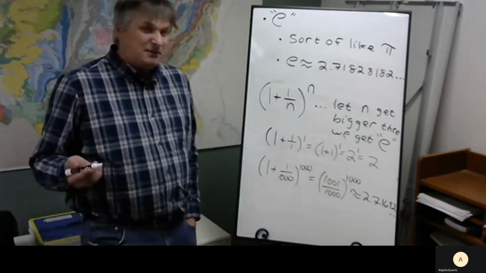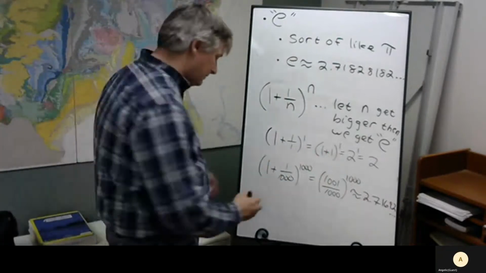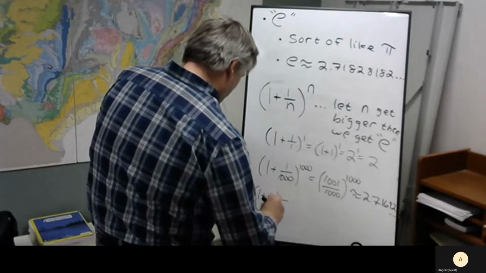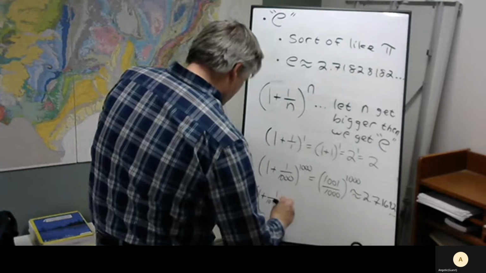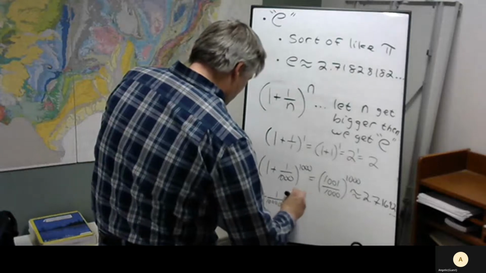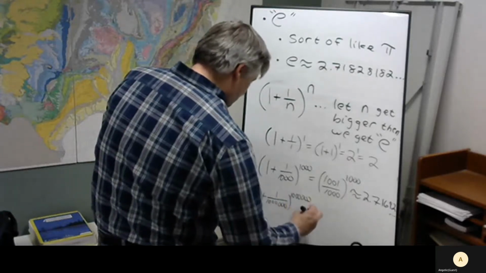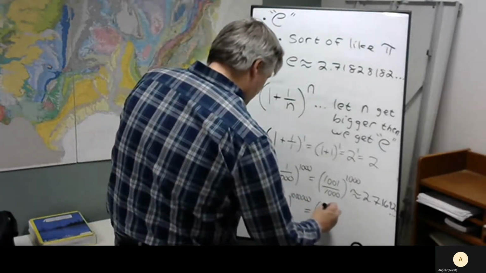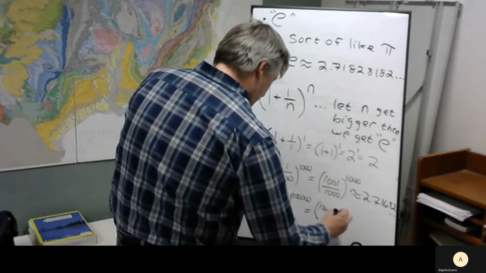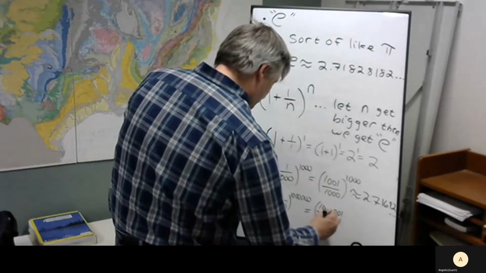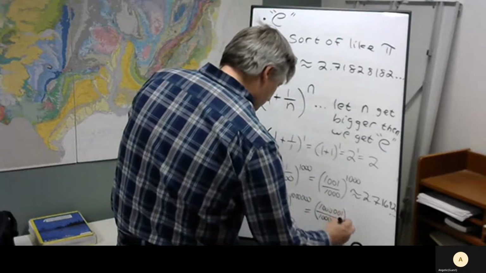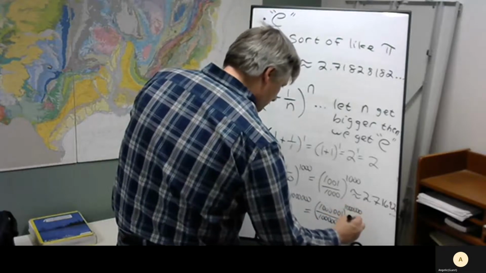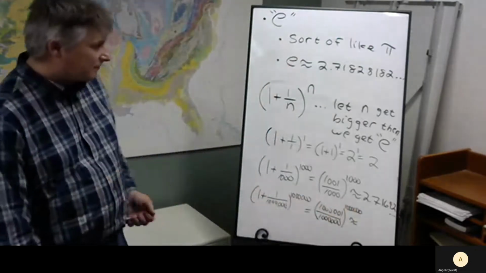And then finally, if we choose n to be 1,000,000, this will be 1,000,001 over 1,000,000, to the 1,000,000. What does that come out to roughly?